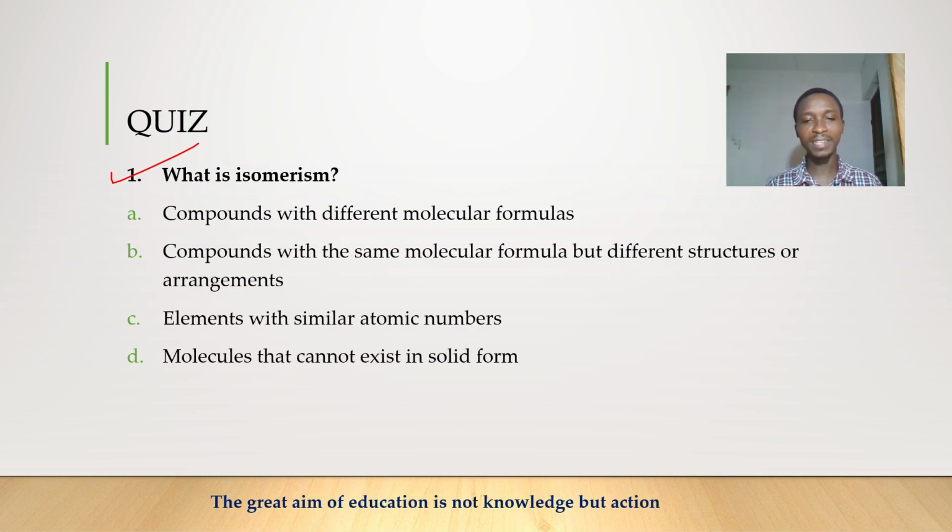The correct option here is option B, compound with the same molecular formula but different structures. That is the definition of isomerism as we learned earlier. Then on to the next question now.